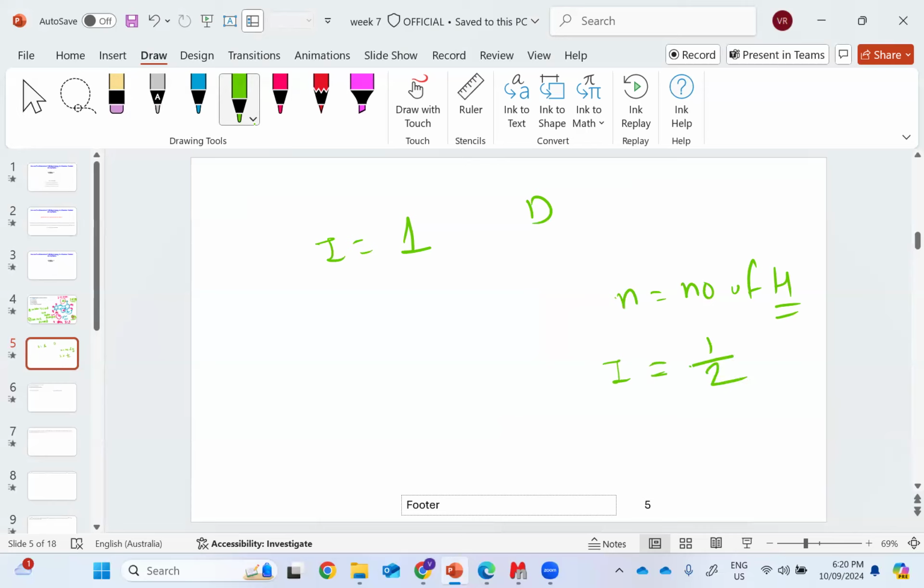So at that time we put the value 1/2, and then we get the signal. Let's say you have this group, so we put n equal to 2, right?